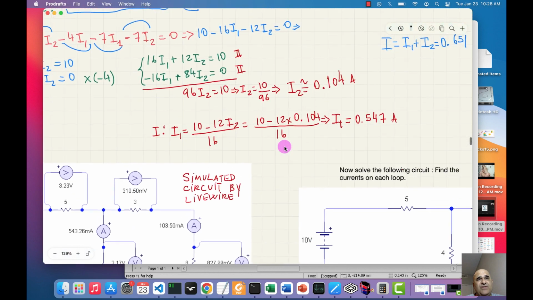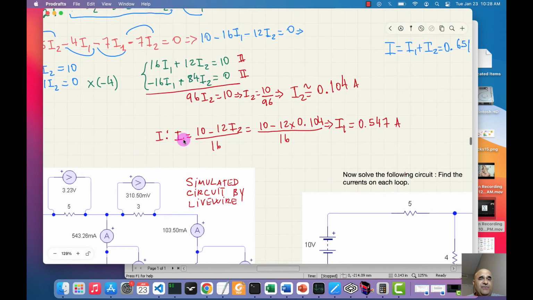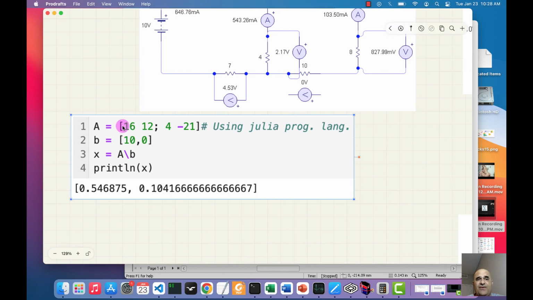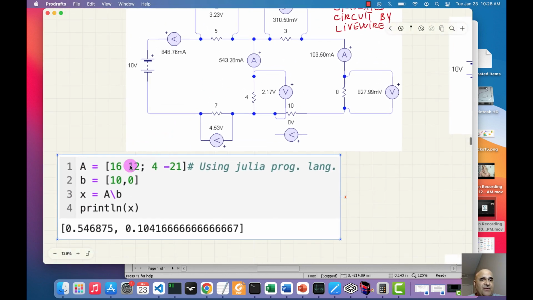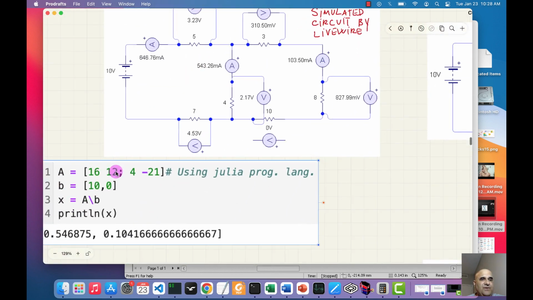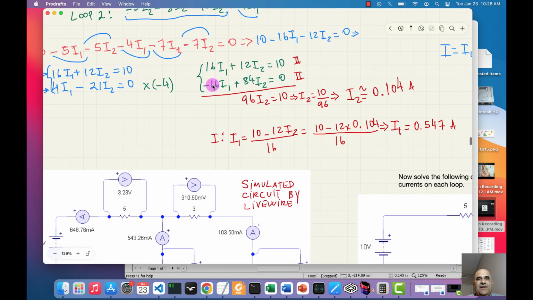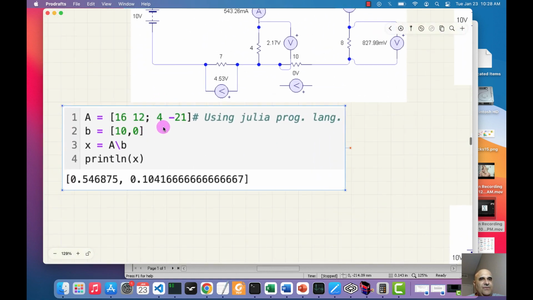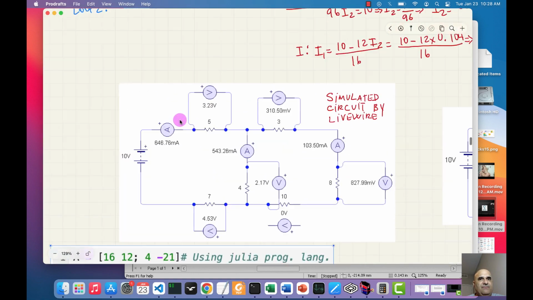If you want, you can just solve this linear system using a programming language. You can use Julia, for example. It is very easy to do that. I can just represent the equation using the matrix. I have the matrix 16, 12, 4 and -21.